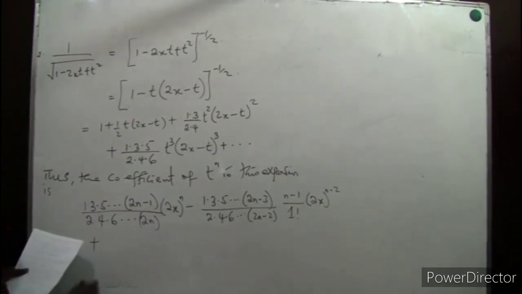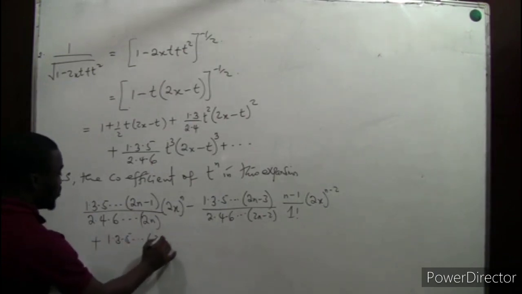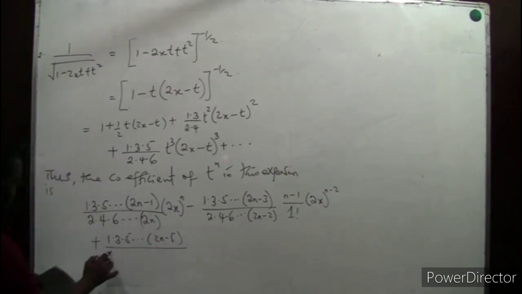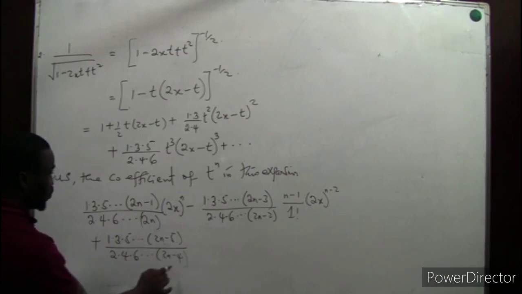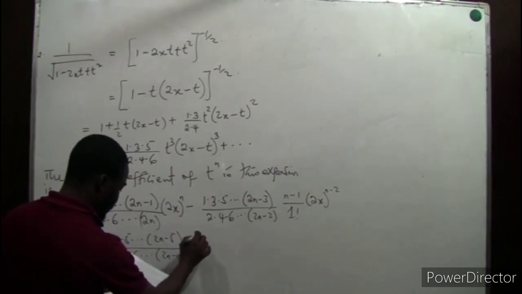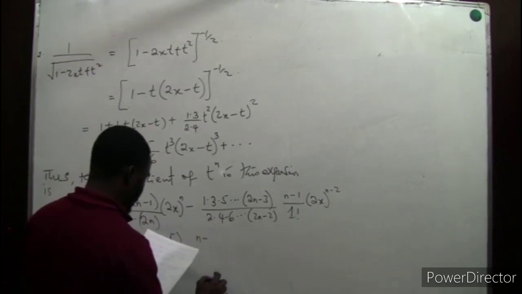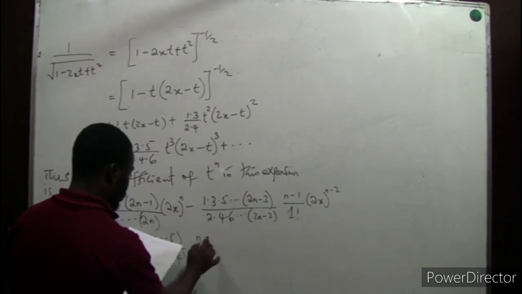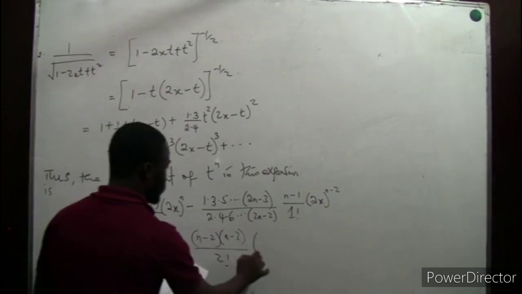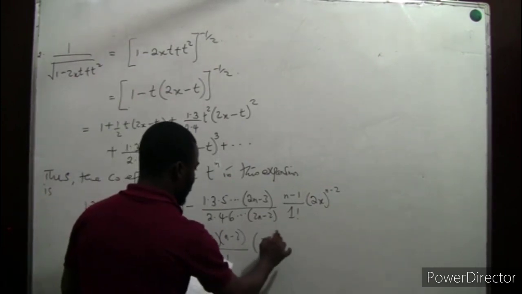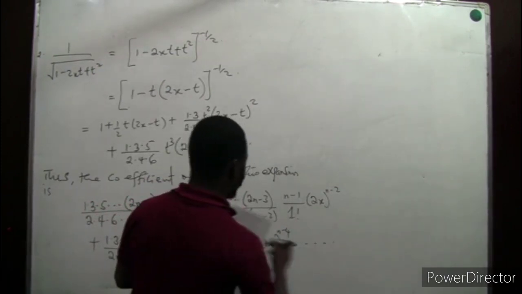Plus 1 multiplied by 3 multiplied by 5 up to 2n minus 5, divided by 2 multiplied by 4 multiplied by 6 up to 2n minus 4, times n minus 1, that is n minus 2, n minus 3 divided by 2 factorial, into (2x) raised to power n minus 4, minus it continues.